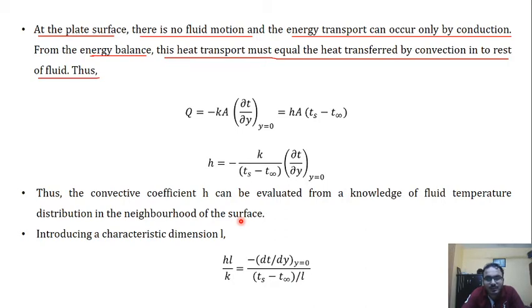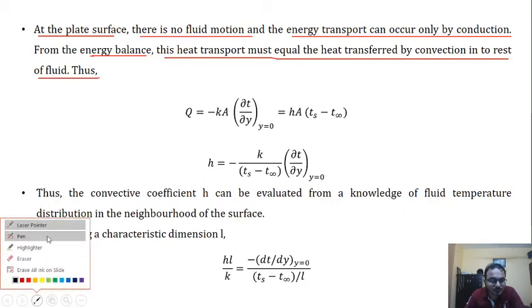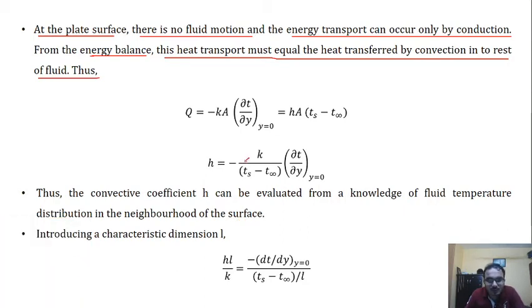So what we have done here, see, in this formula we have taken this k over here in the denominator. I will do it over here for you.